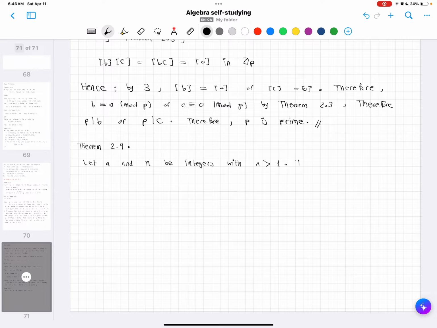Then the equation ax is equal to 1 has a solution in Zn if and only if the GCD between a and n is equal to 1 in Z.